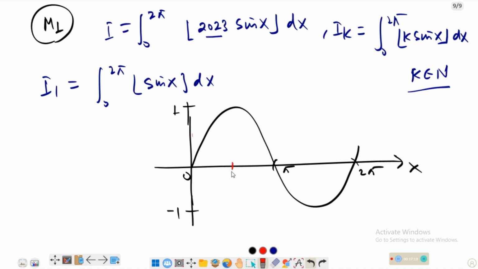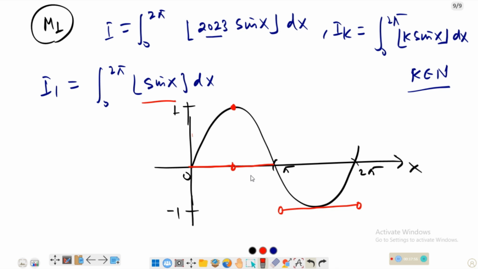At pi by 2, the sine goes to 1, so the greatest integer quantity is 1, and at other points the greatest integer quantity goes to 0. For this x, sin lies between -1 to 0, so the greatest integer is -1. So the graph of this quantity is like that.